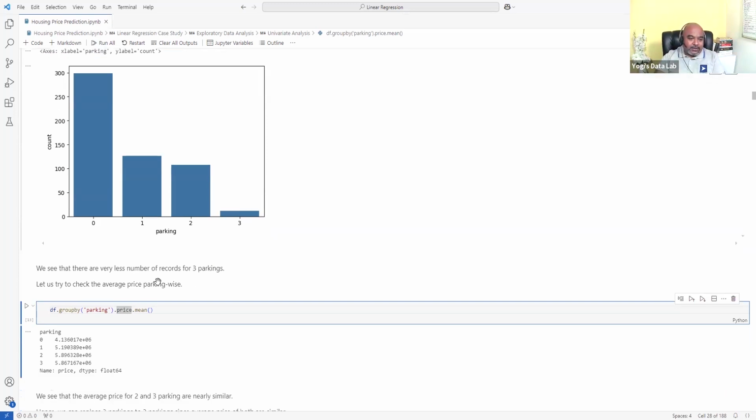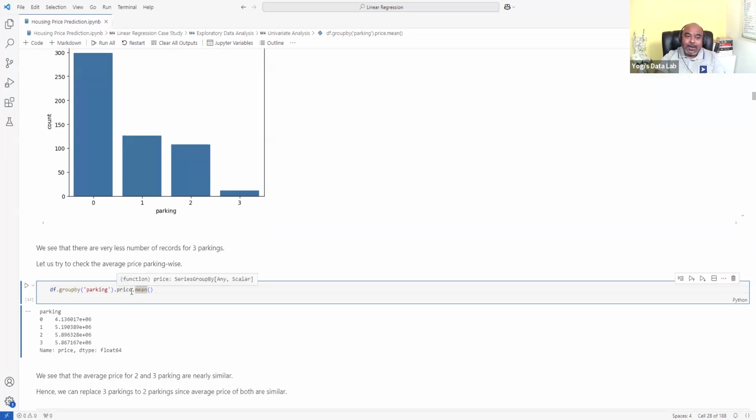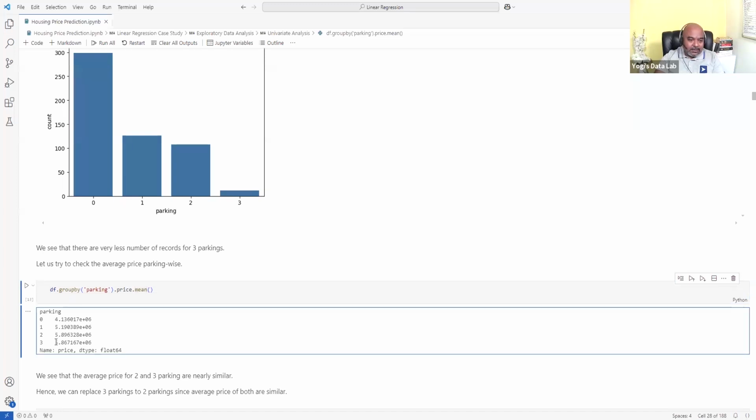So when I'm looking at the mean price of homes, what do I see? I see that for 3 parking, it is 5.86 into 10 to the power 6. This is 5.89 into 10 to the power 6 for 2. So approximately, I can say that they are very close by.